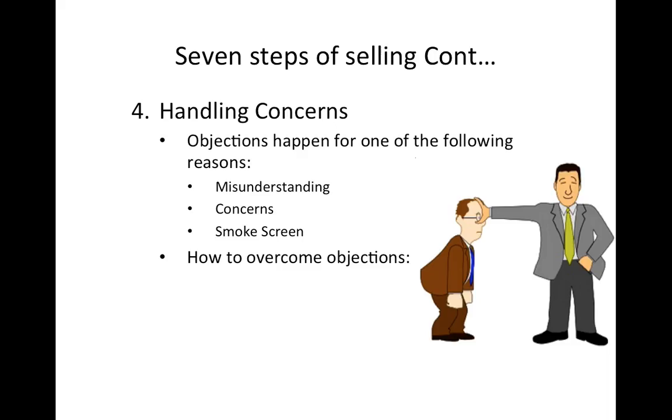There are 5 different steps. Step number 1 is neutralize. What that means is that you don't want to create a confrontation between you and the customer. In other words, it's like an argument. They say it's too pricey and you say, "No, it's not." That kind of conversation doesn't go anywhere. So you need to neutralize the conversation.